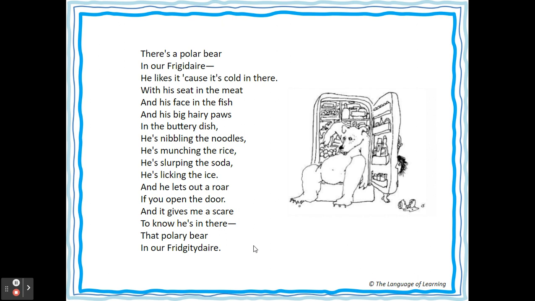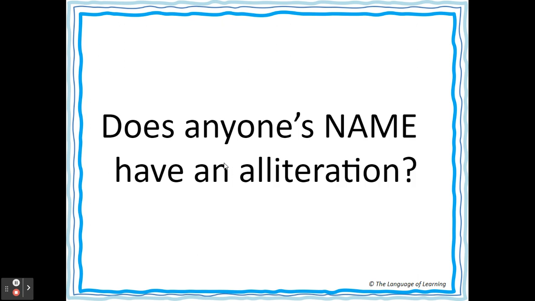All right, here's another. All right, notice on this, in some of the lines, you've got C, C, F, F, N, N, S, S. All right, so can you think of some names that might have alliteration?